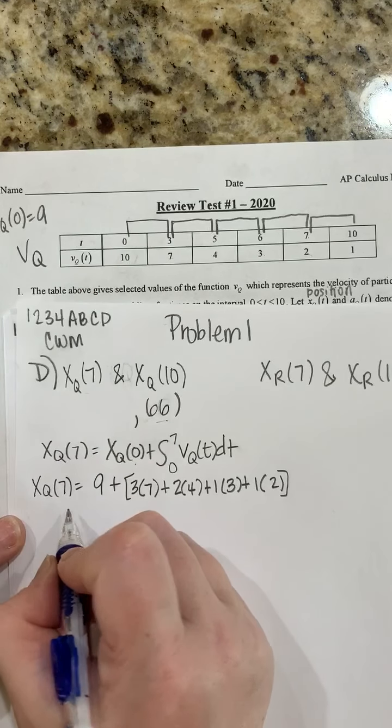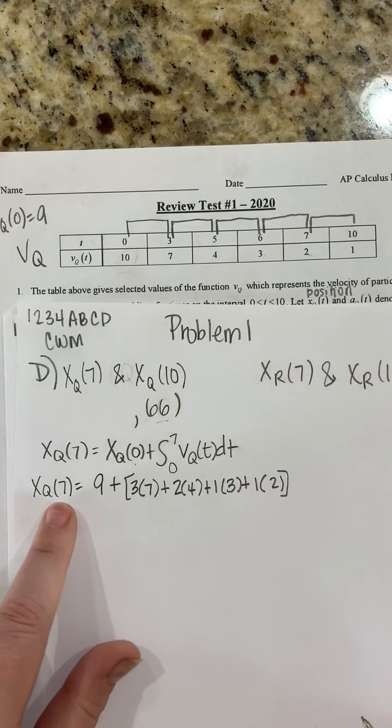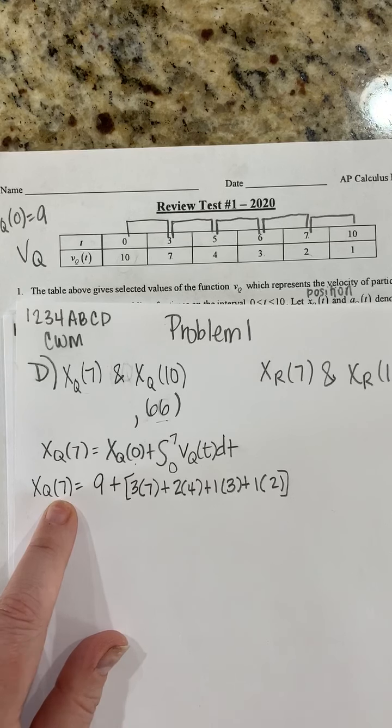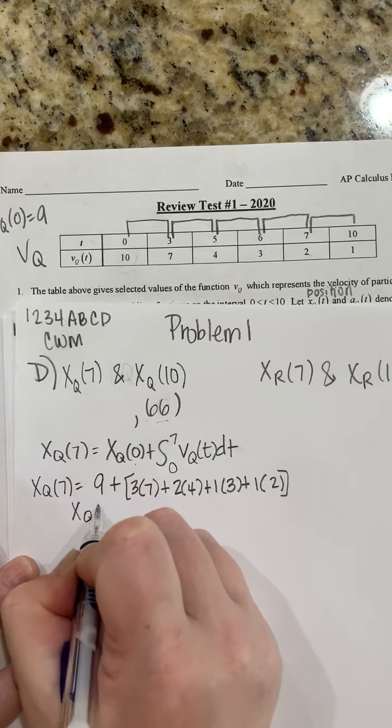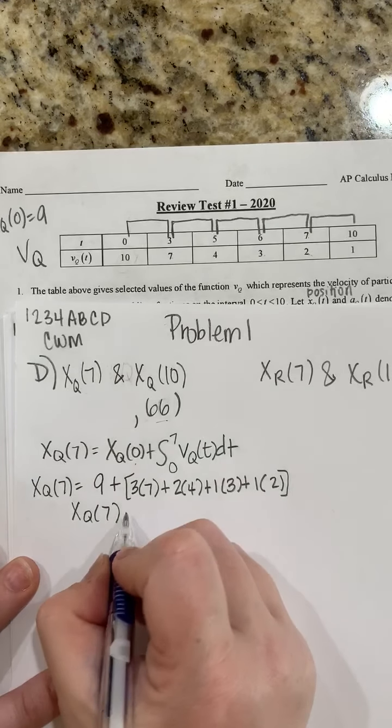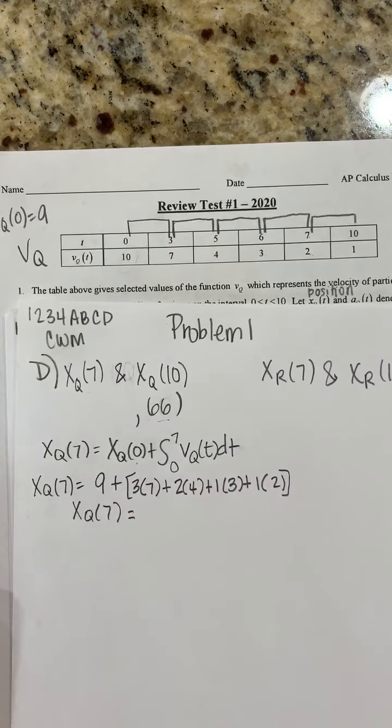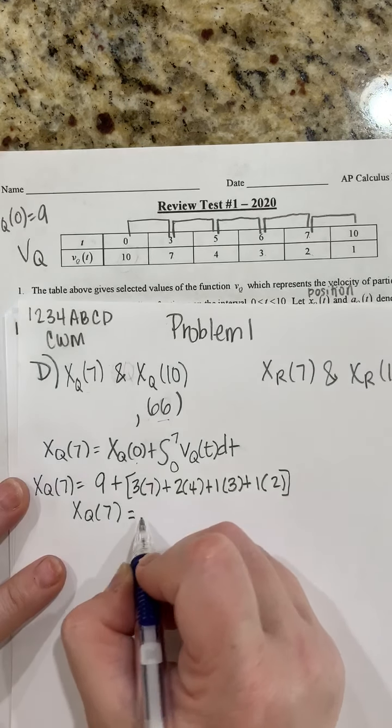So this is going to give me an under approximation for 7 because I used right endpoints. So this is going to give me XQ of 7 equals, plug it in, plug it in, plug it in. So this is 43.